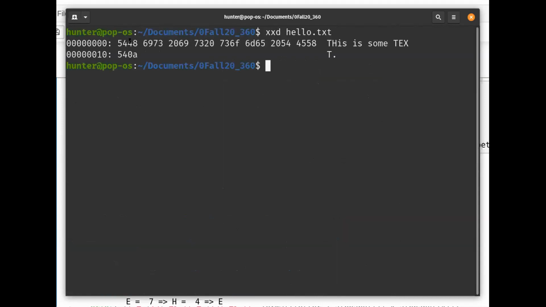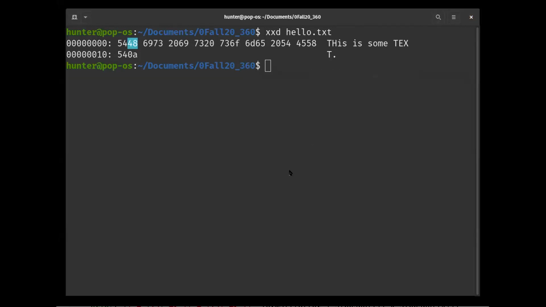So here, what you'll see is the binary of this document is just the ASCII encoding of each letter. So hex 54 is the same thing as T. Hex 48 is the same thing as H, and so on. Okay, so let's come back to this presentation.